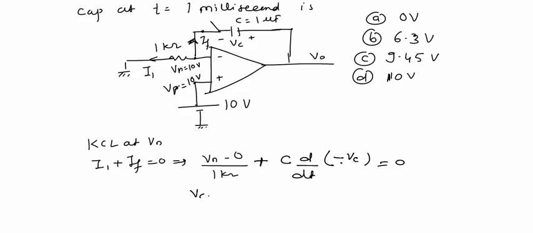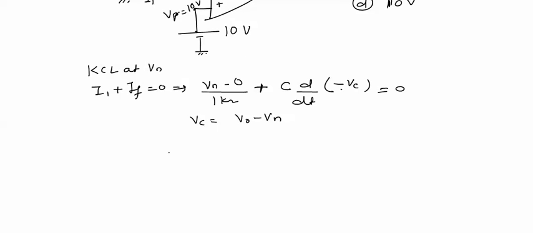Now we know that Vc is equal to V0 minus Vn.